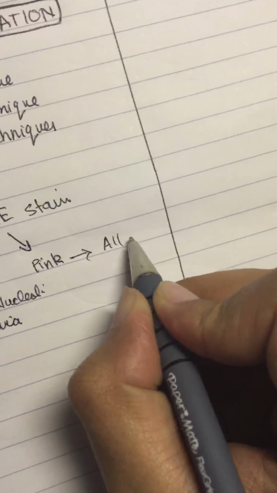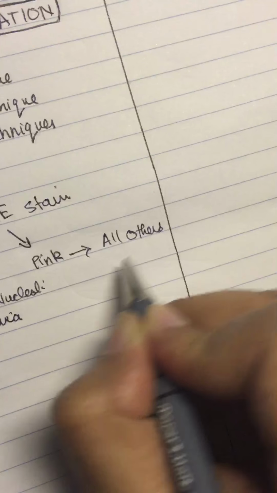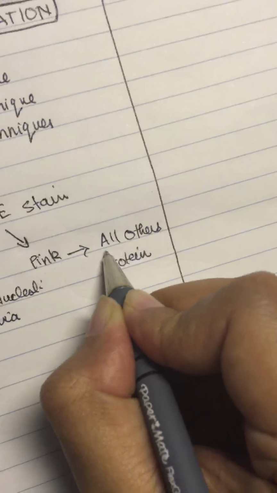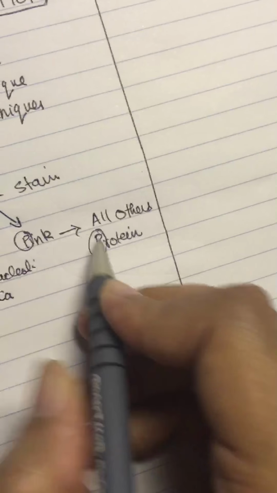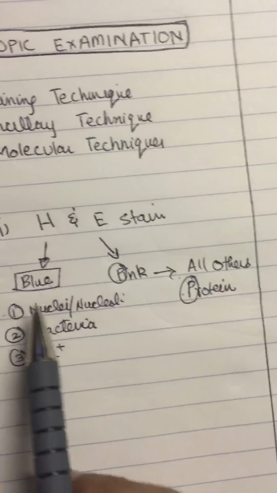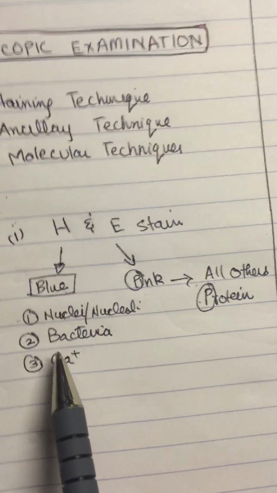And what things are stained pink? All other things that are protein, like P for protein, P for pink. So they are going to be stained pink. Only nuclei, bacteria and calcium are going to be stained blue.